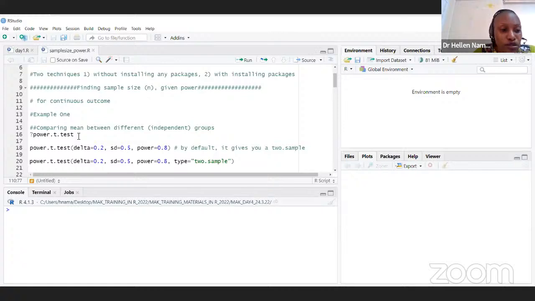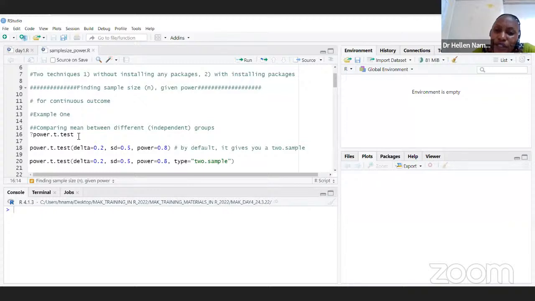In here, we are going to specify the power value. Most of the time, 80% is recommended, but you can put 80 and above, and then we want to see what else I need to include there.